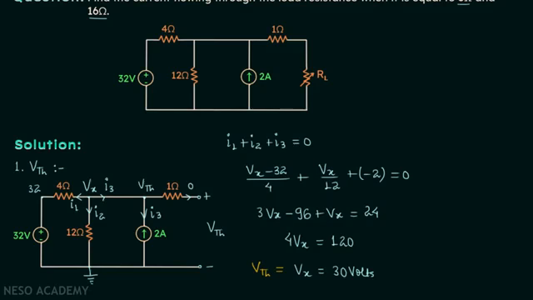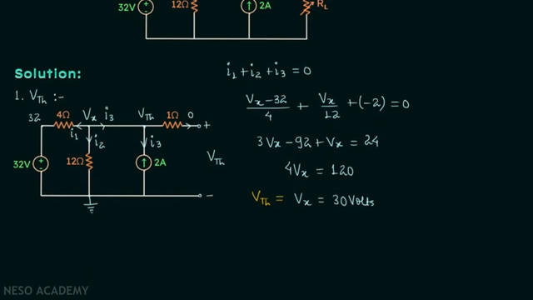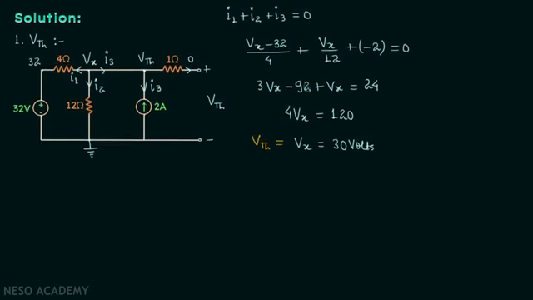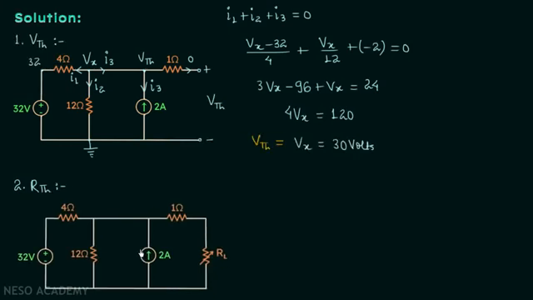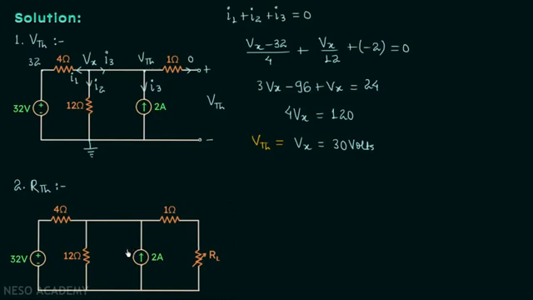Now we will move on to the calculation of Thevenin's equivalent resistance. And to calculate RTH, we will do some modifications in our network. And the modification number 1 is same modification we did in case of calculating VTH. We will open circuit the load resistance.